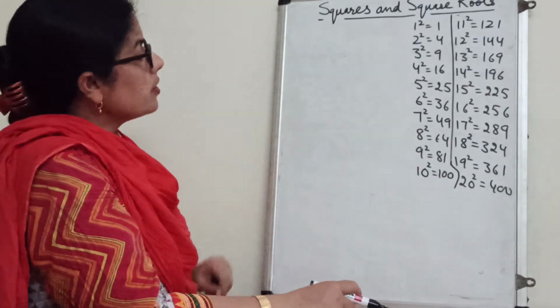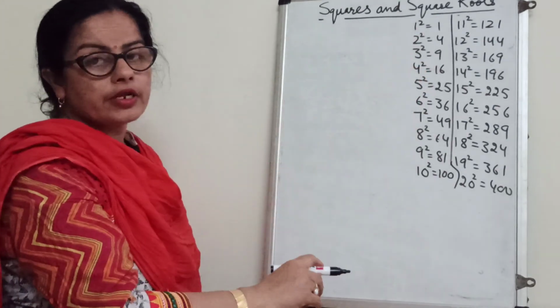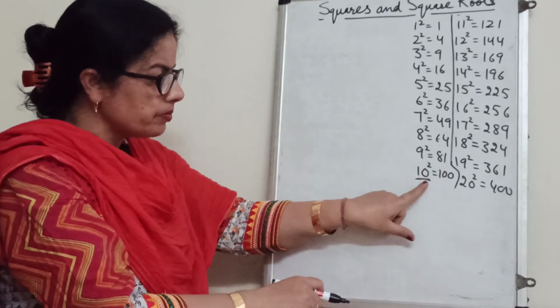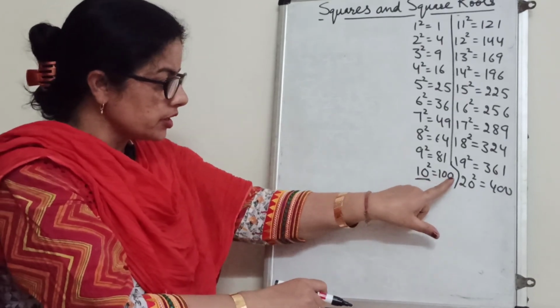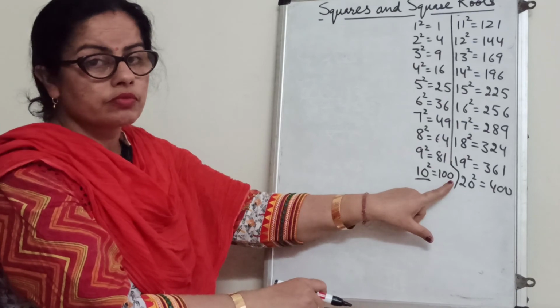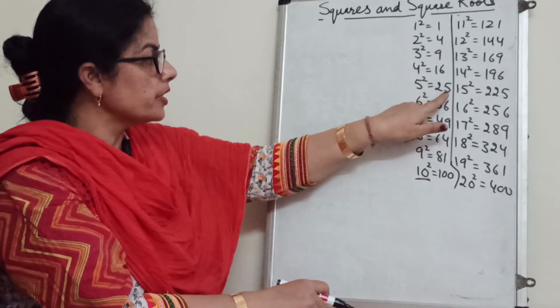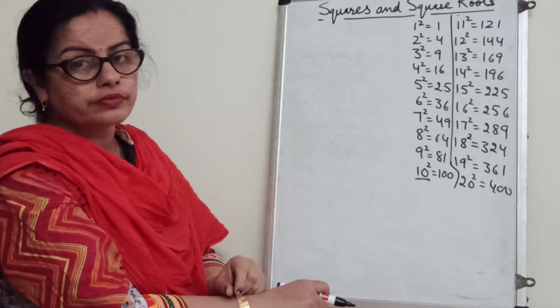Again see the unit digit very carefully. If the unit digit of a number is 0, then the unit digit of the perfect square is also 0. If the unit digit of the number is 5, then the unit digit of the perfect square is also 5.